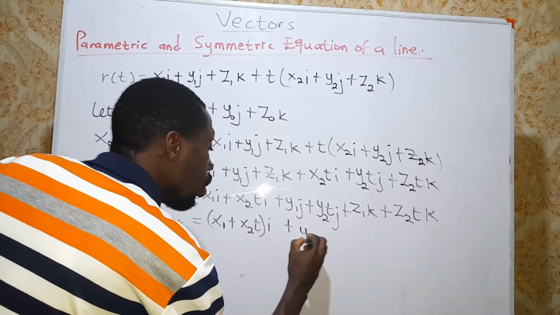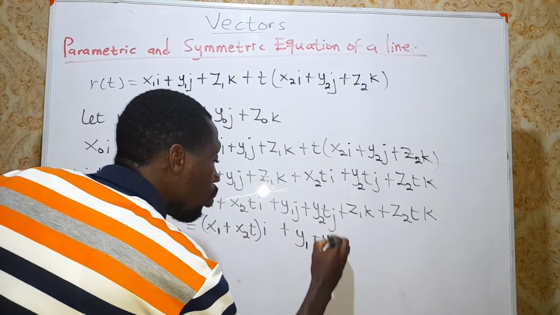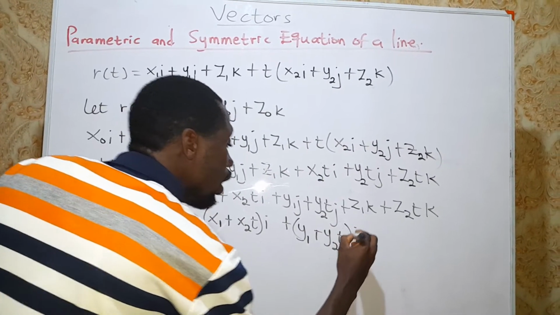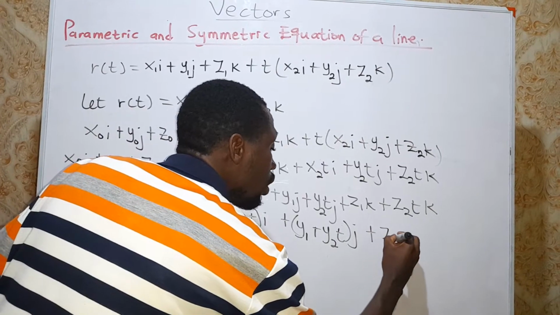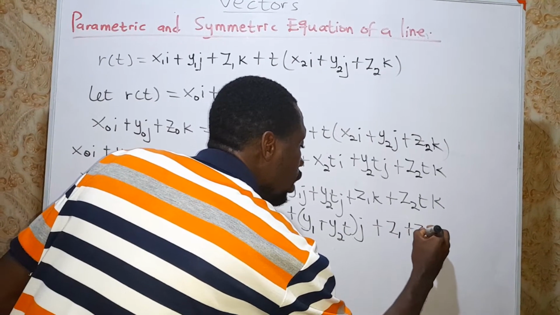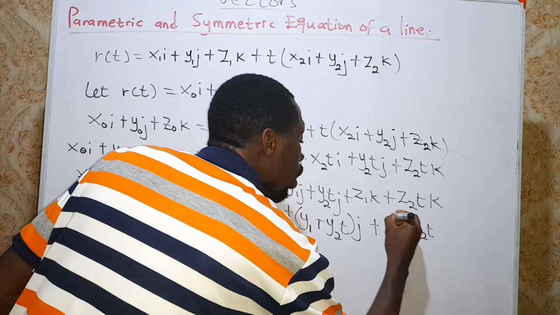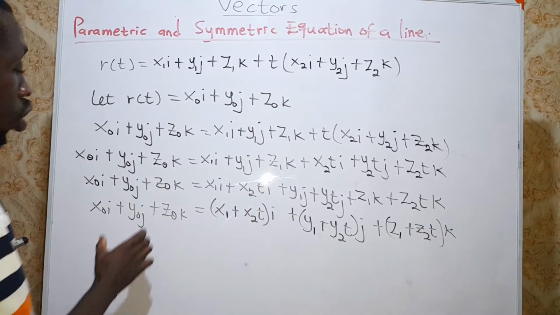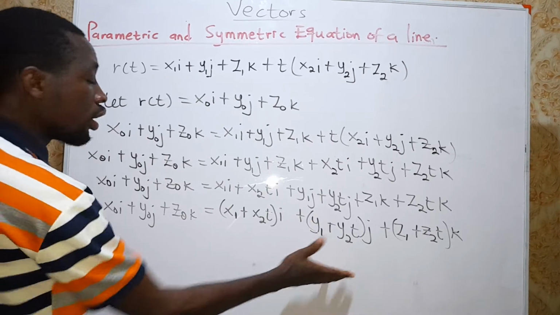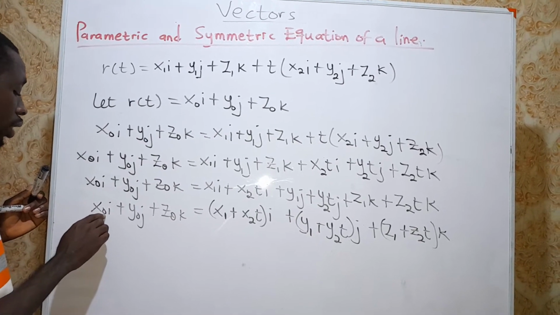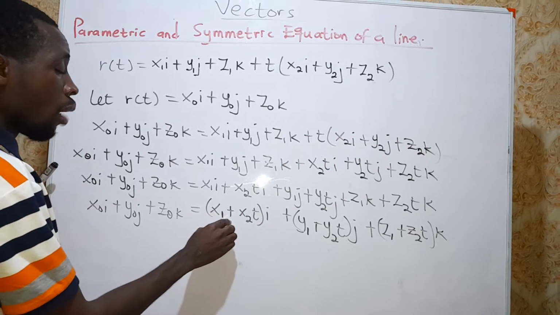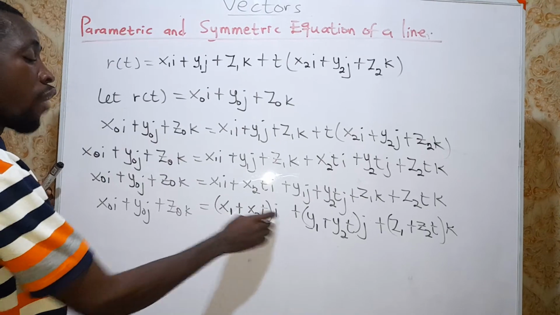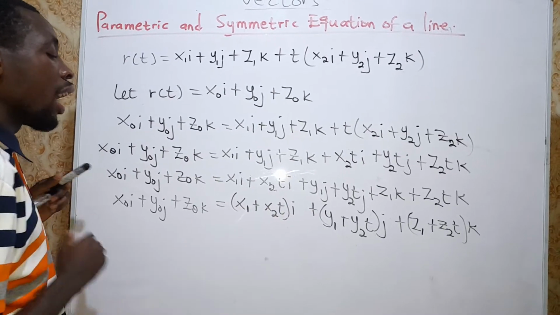Then plus (y1 plus y2t) multiplied by j, the same way (z1 plus z2t) multiplied by k. So when we compare this side of the equation to this side, we can say that x naught is equal to x1 plus x2t, since they are both in the i direction.